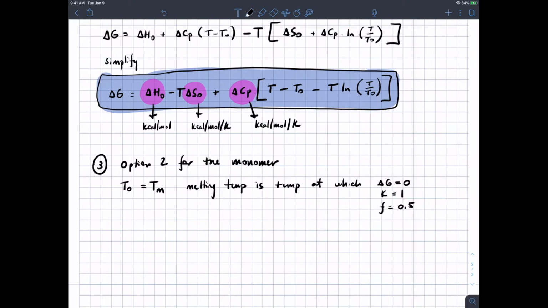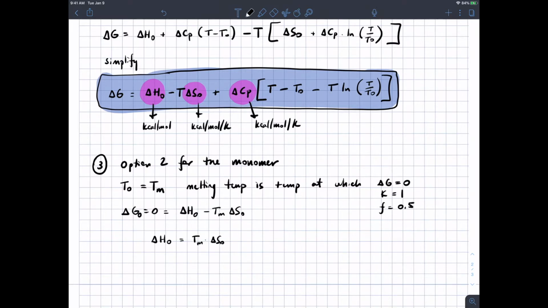So, remind ourselves then that delta G at the melting temperature equals 0 equals delta H minus Tm times delta S. Or alternatively, delta H equals Tm times delta S at the melting temperature.